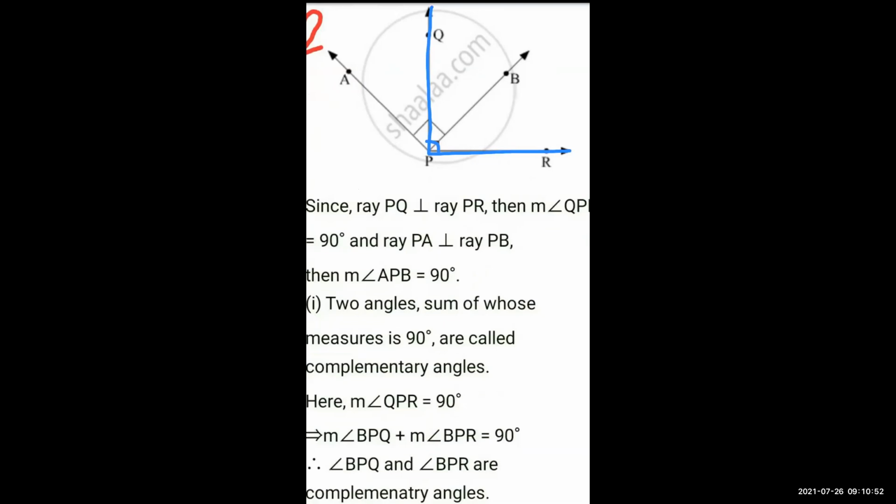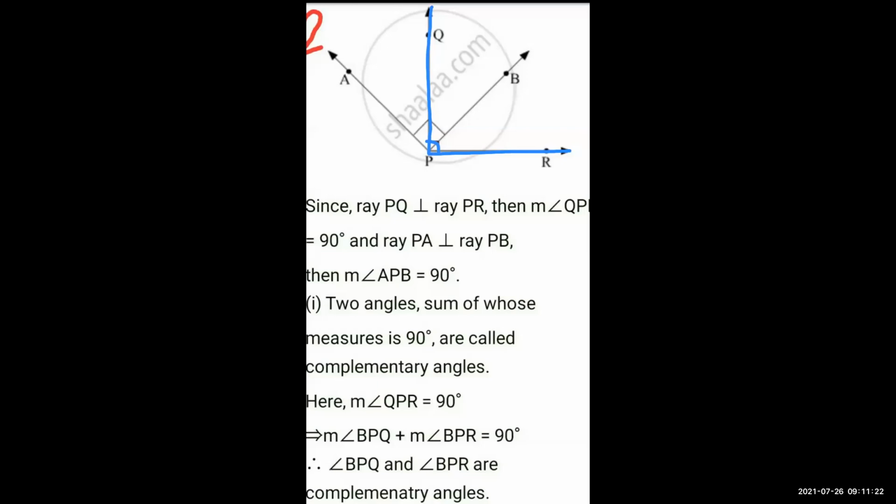Okay. Now points B and A are in the interior and exterior of angle QPR respectively. Point B is an interior point, meaning a point within the angle. And point A is outside the given angle, so that is an exterior point.